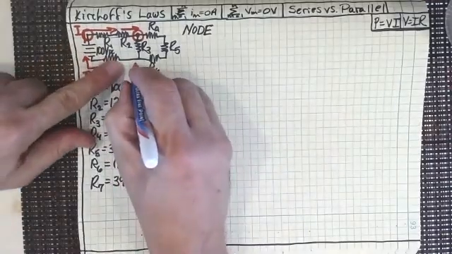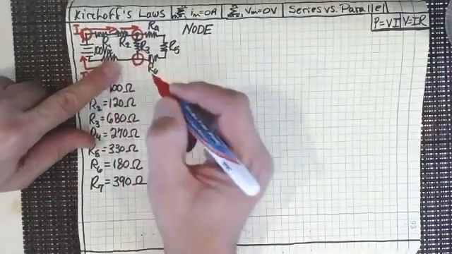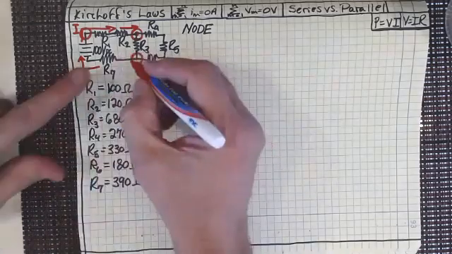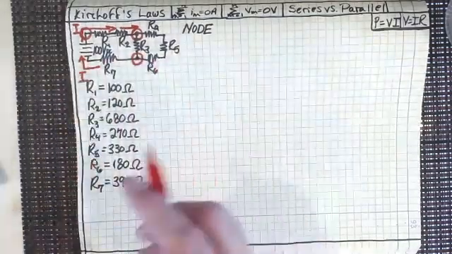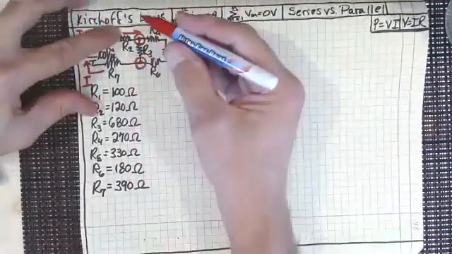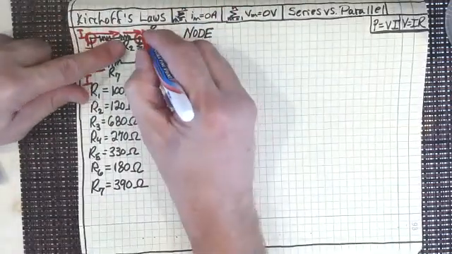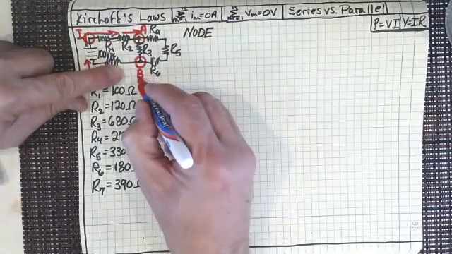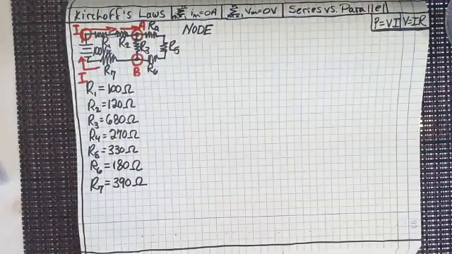When you look down here, I think you can see this also is a node where I've got current that's coming in and I've got current that's going out. Now let's examine these two nodes that I've got here. I'm going to give those nodes a name. I'm going to say that this is node A and this is node B. All right?